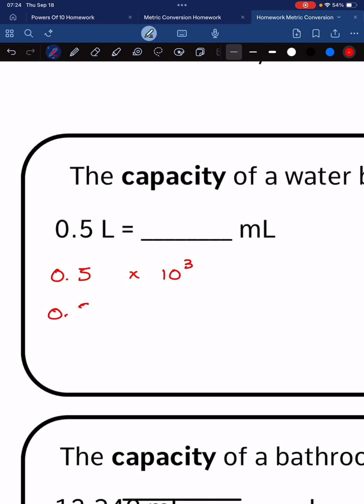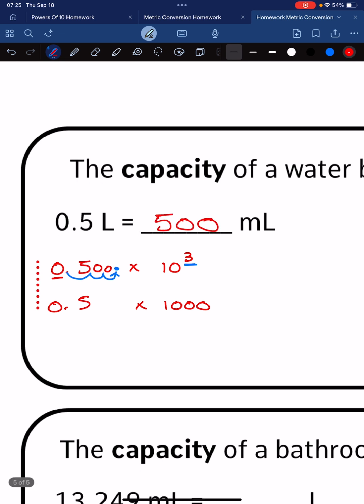Or 0.5 times 1,000. Okay, and so that means I'll be moving my decimal point 3 places to the right. So 1, 2, 3. And my placeholders need to be beautiful zeros. I don't need any leading zeros like this one right here, so I can leave that one off. And that means I have 500 milliliters.